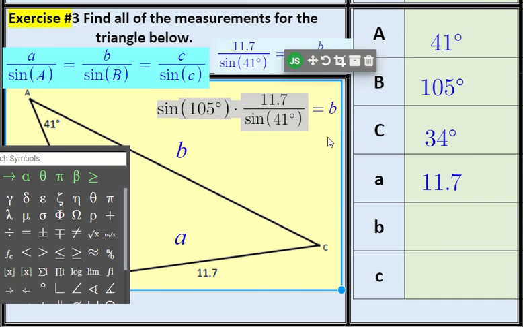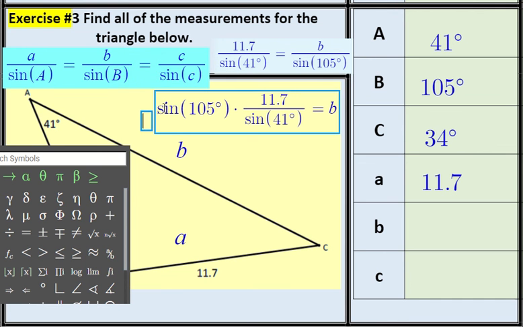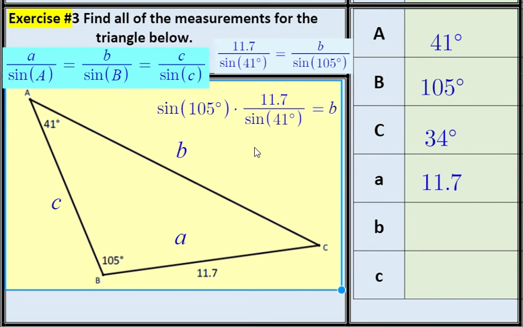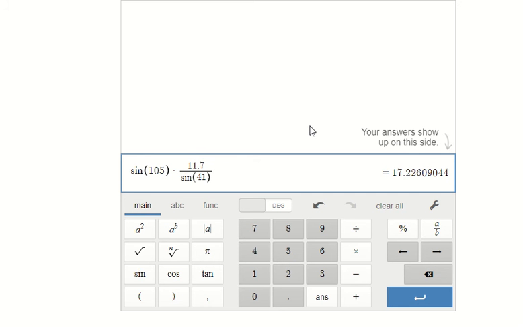So then I take this value and I put it right in my graphing calculator, right in my scientific calculator, right? Sine 105 times 11.7 over sine 41 degrees. And when I go to my calculator, that's B. So B is 17.226 and change.